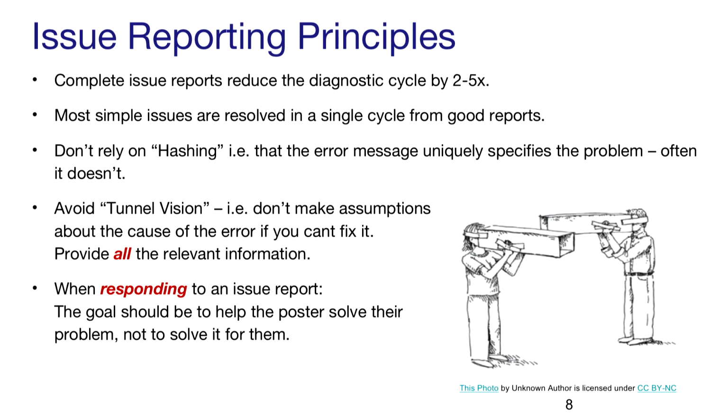It might be something completely different, and the reason you got stuck is that you had a wrong assumption about what was wrong. So if you don't give all the relevant information to the person trying to diagnose things, they're stuck with the same tunnel vision that you have. Even though they don't have tunnel vision, they would like to know more, but you're only giving them what you think is the problem solution.